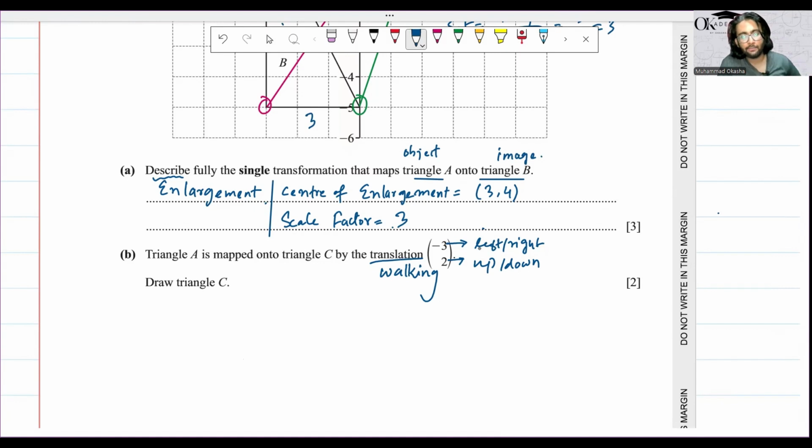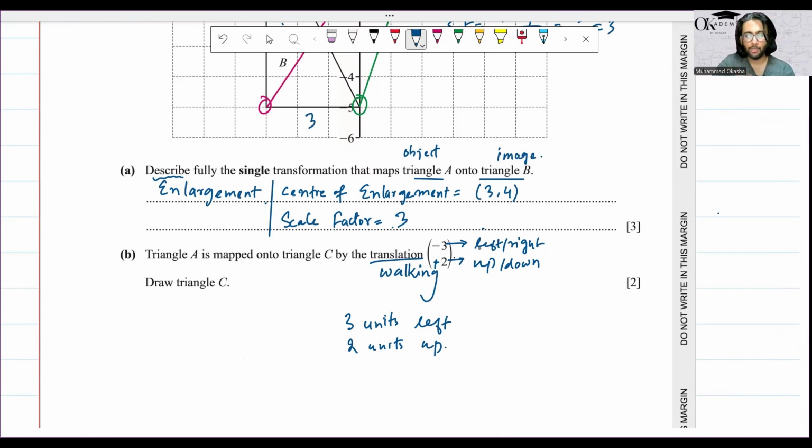So -3 is negative, which means we're walking to the left: 3 units left. And 2 is positive, which means if it's positive you go up, if it's negative you go down. So 2 units up.